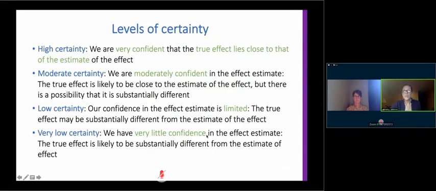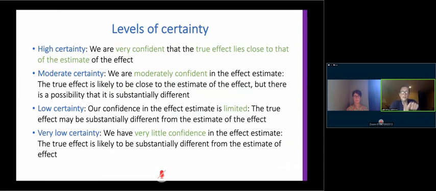Yes. So basically what we're saying is if we look at the high certainty, we're very confident that effect, that risk ratio of 0.84, for example, if we have high certainty, we're very confident that that 0.84, that reduction of 16%, is really close to what we think is the true effect.